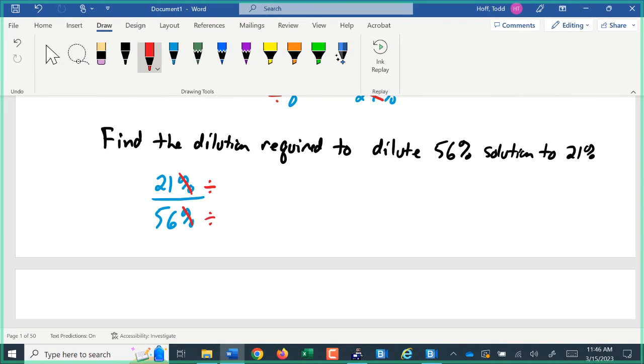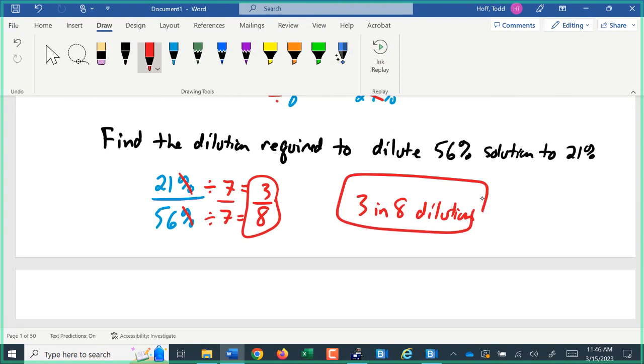Looking at 21 and 56, both of those can be divided by 7. 21 divided by 7 is 3, and 56 divided by 7 is 8. So that's 3 to 8, which makes it a 3 in 8 dilution. For every 3 parts of 56% solution, we'll get 8 parts of total solution, of 21% solution.